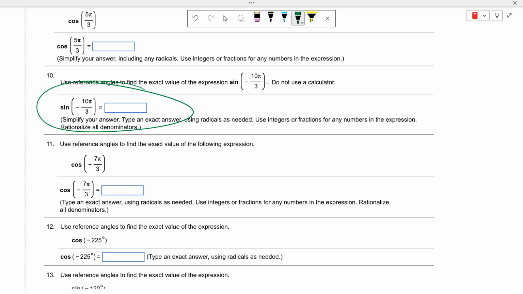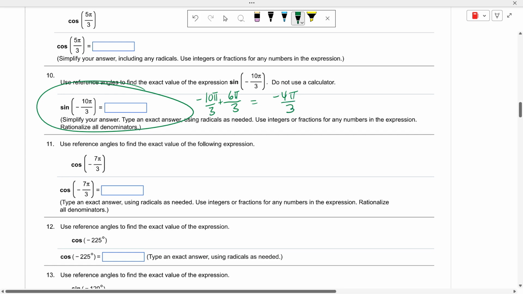Coterminal angles are 360 degrees apart, or how many radians apart? 2 pi radians. What over 3 is 2 pi? So we take negative 10 pi over 3 plus 6 pi over 3, and we get negative 4 pi over 3.